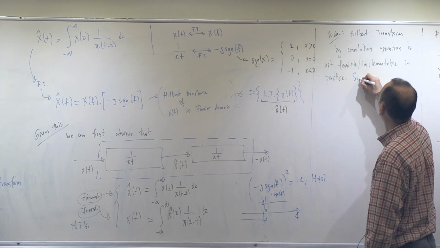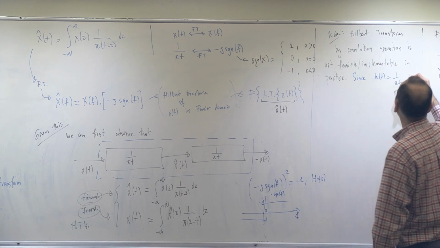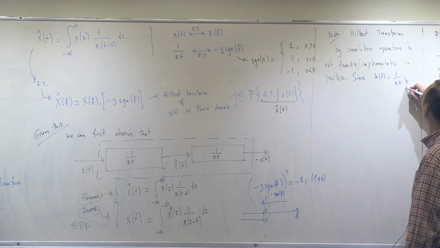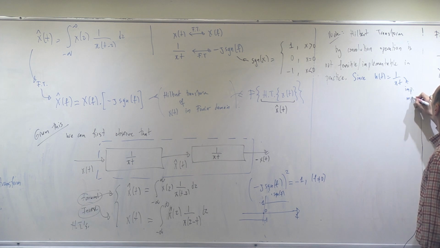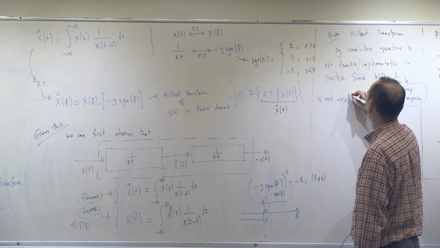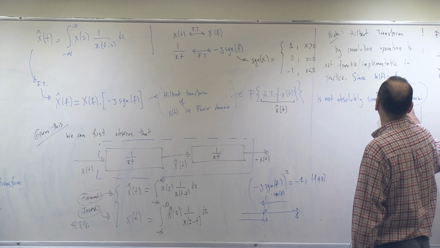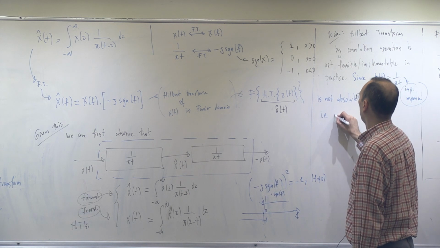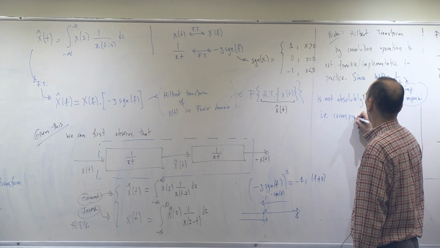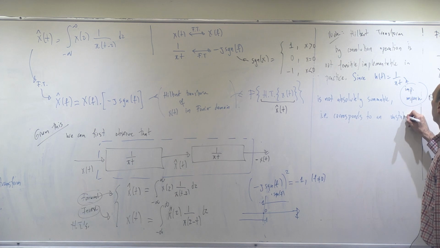Since h of t, 1 over pi t, which is the impulse response, is not absolutely summable, i.e., it corresponds to an unstable filter.